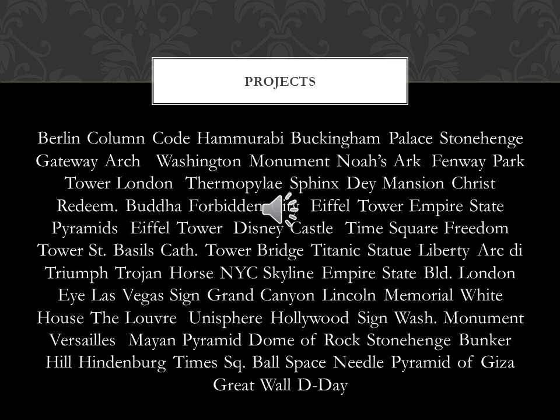Some of these places and locations included Buckingham Palace, Stonehenge, Washington Monument, Forbidden City, Eiffel Tower, Disney Castle, the Tower Bridge, New York City skyline, the Lincoln Memorial, the Hollywood sign, as well as the Pyramid of Giza.